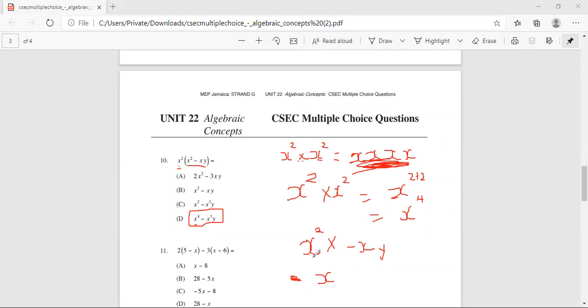How many x's are there? 2, right? 2 x's multiplying. We have an x here, then we have a y. So in all we have 3 x's. Therefore the answer is x raised to the 3rd, or x cubed y. Right? So these are our answers in this case.